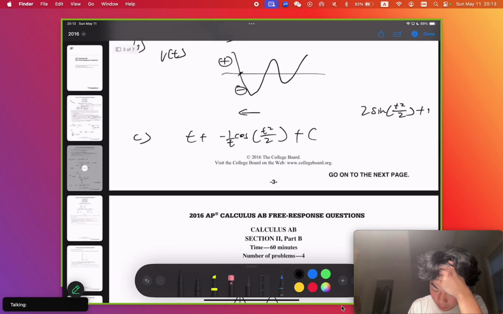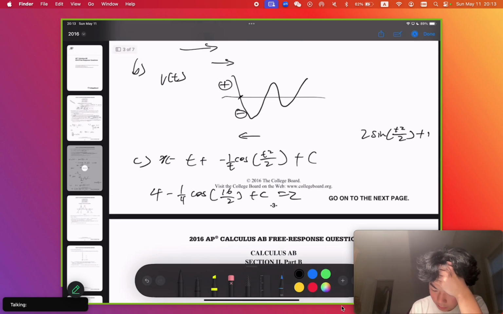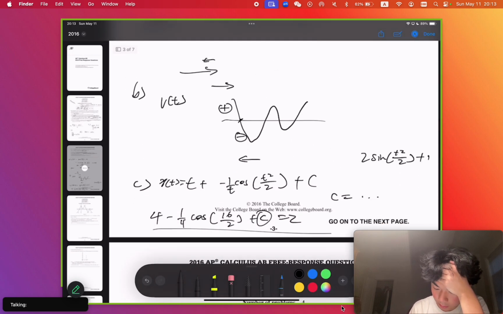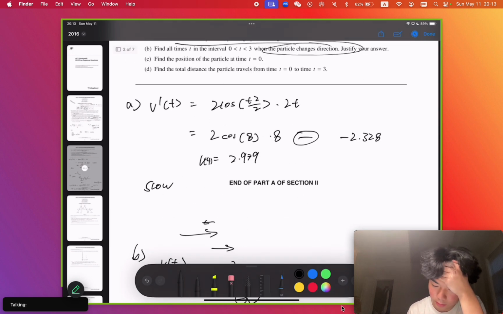So it's 4 minus 1 over 4 cosine of 16 divided by 2 plus c equals 2, since this is x(t). Then just solve for c. C equals something, and then you want to express everything at t equals 0. This is how you solve it, and solve it yourself.